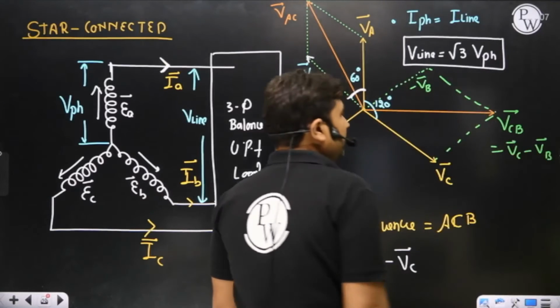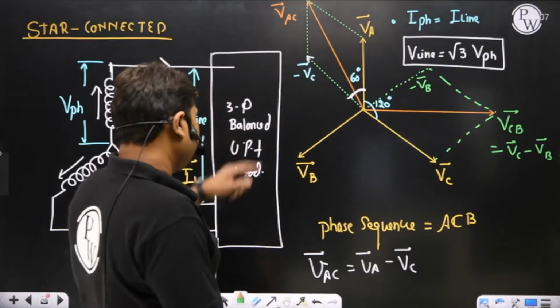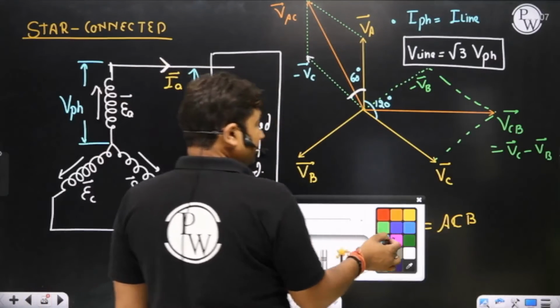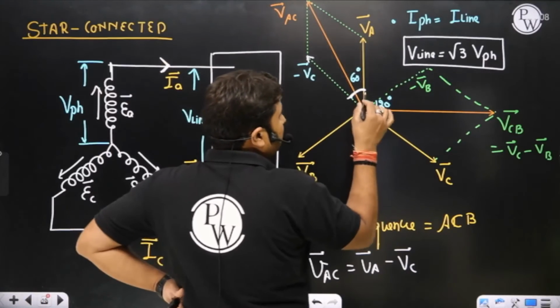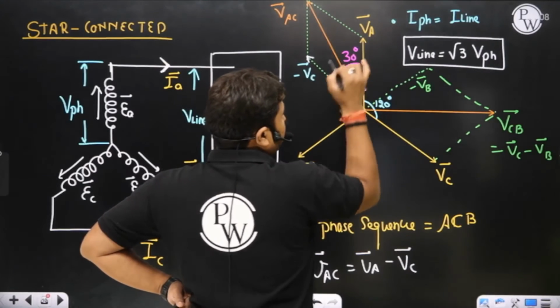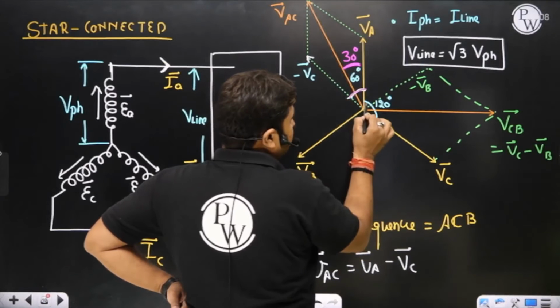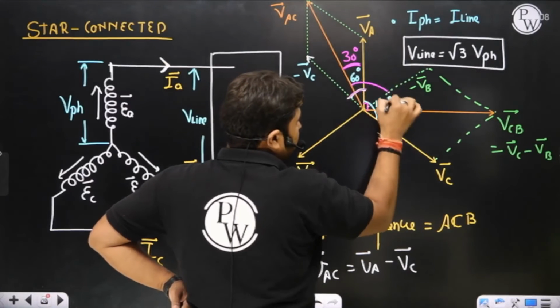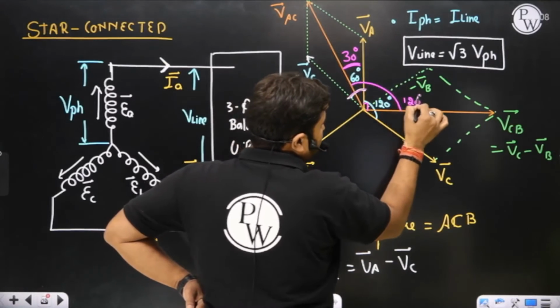Yes, sir. Please observe, what is the angle between the line to line voltages in time? If you observe the time displacement, sir, this is 60, so that represents 30. Yes, sir. And this is 90, sir. So 30 plus 90, so this will also be displaced by 120 degree.